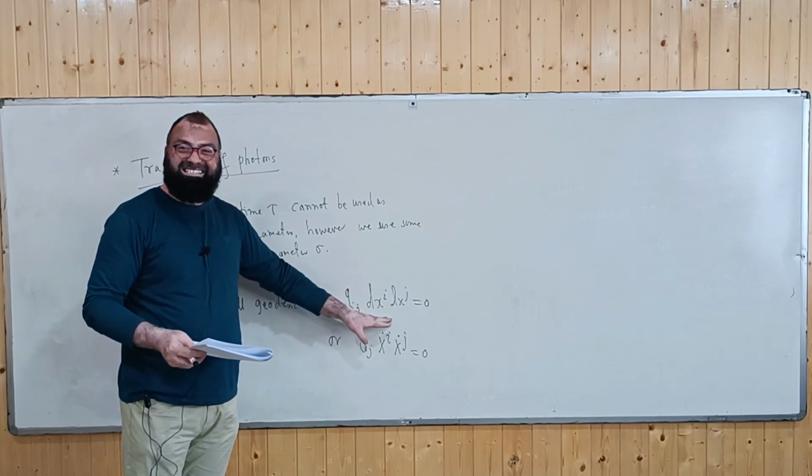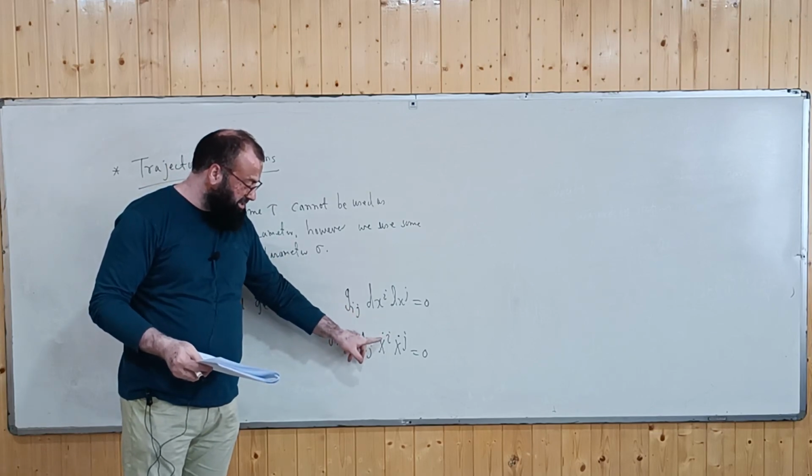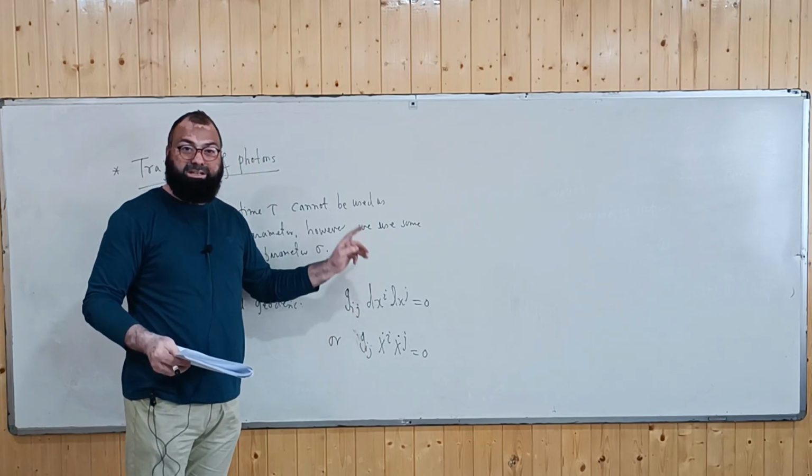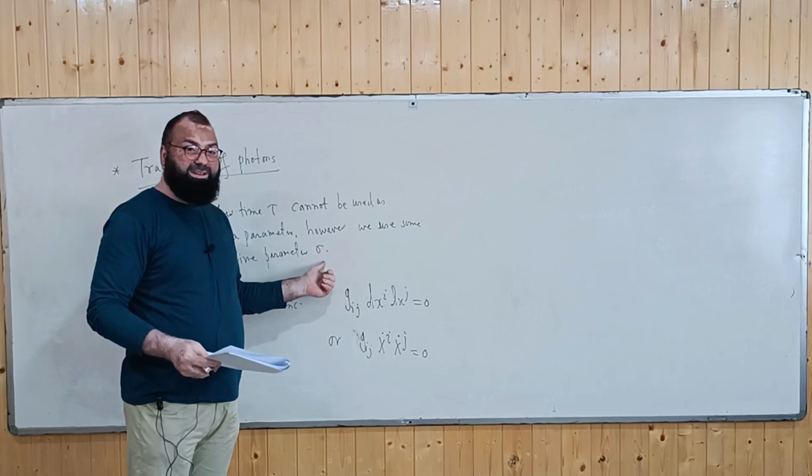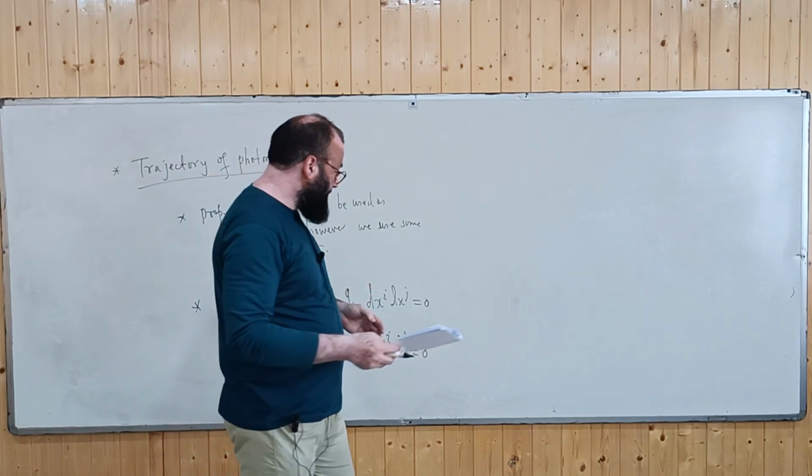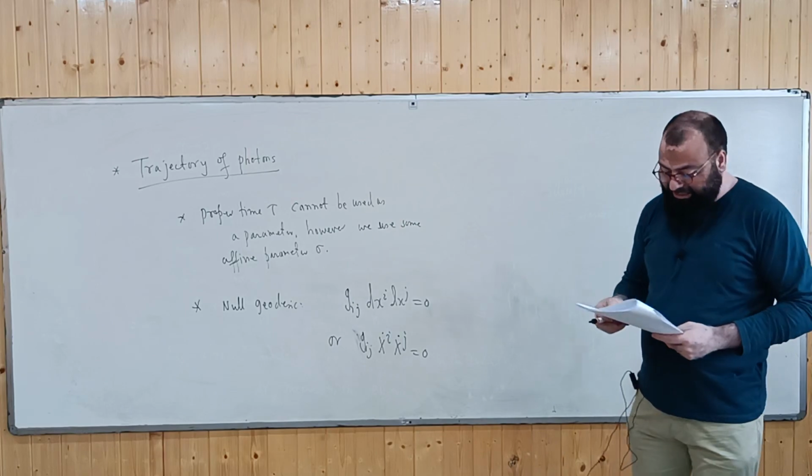Is this the null geodesic? Here the dots do not mean differentiation with respect to tau, they mean differentiation with respect to sigma.